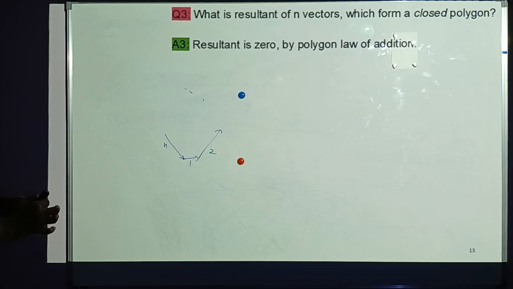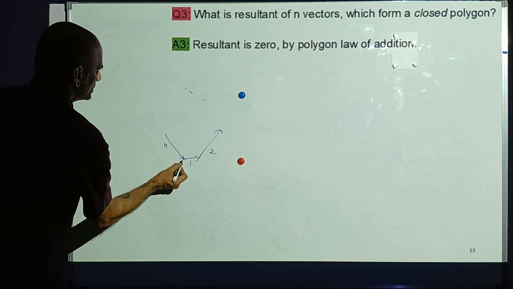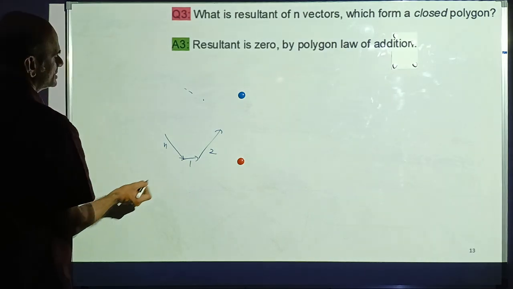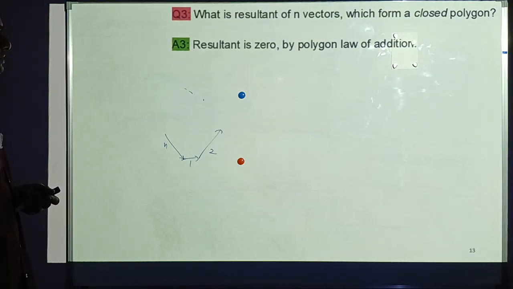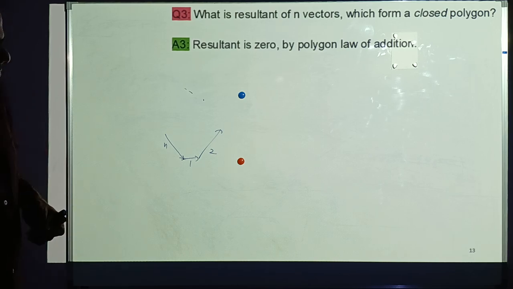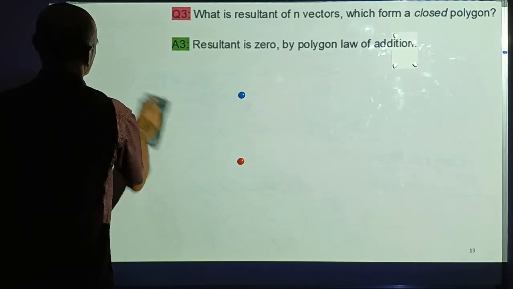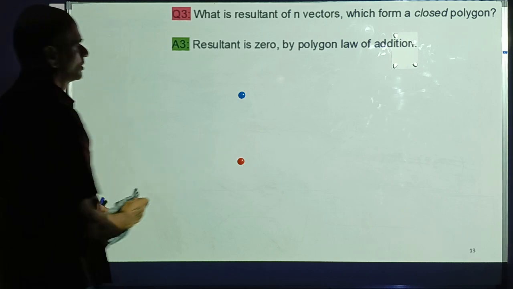Then according to the polygon law of addition, I have to take the tail of the first vector and the head of the last vector and join these two. This is a vector of length 0. So the resultant vector is the zero vector. So the sum of n vectors which form a closed polygon is 0. This is true even for a non-coplanar polygon.